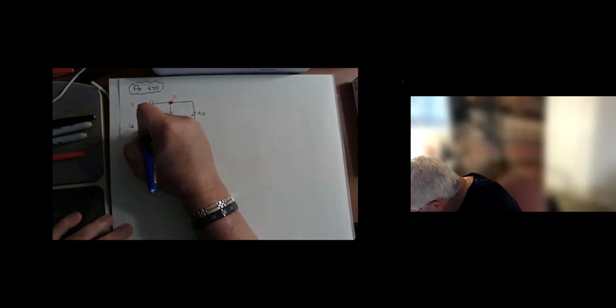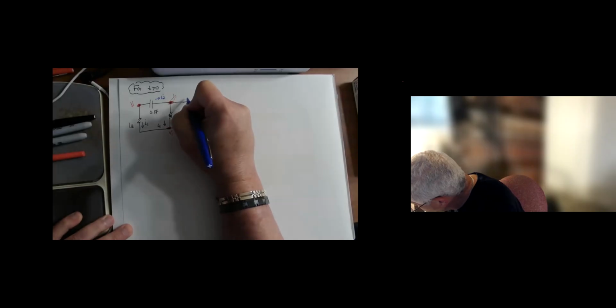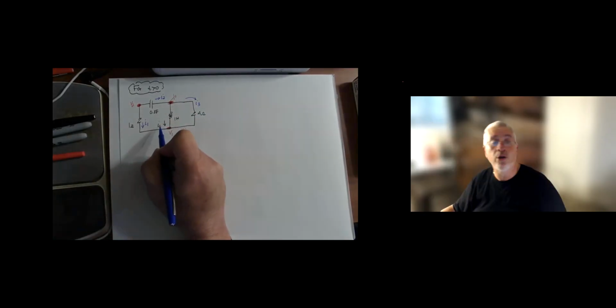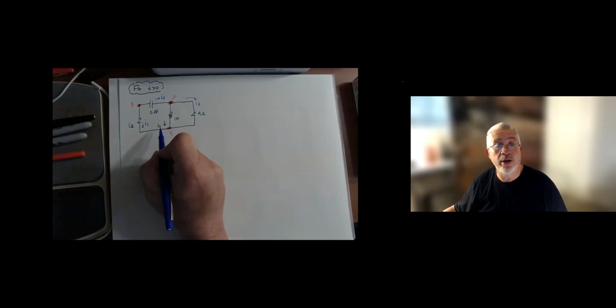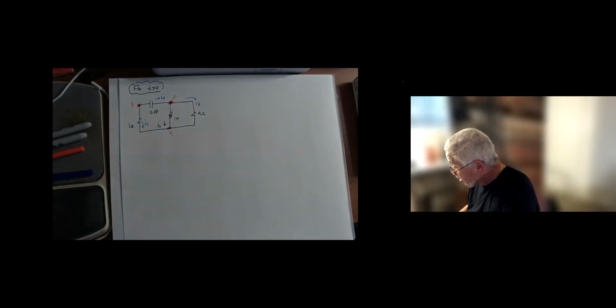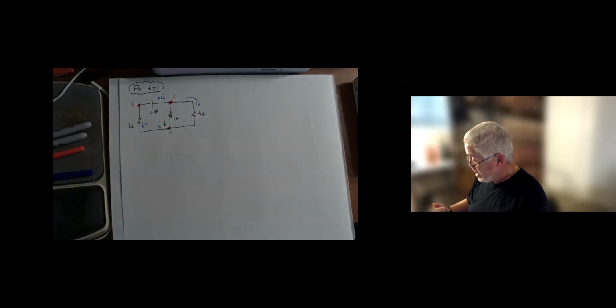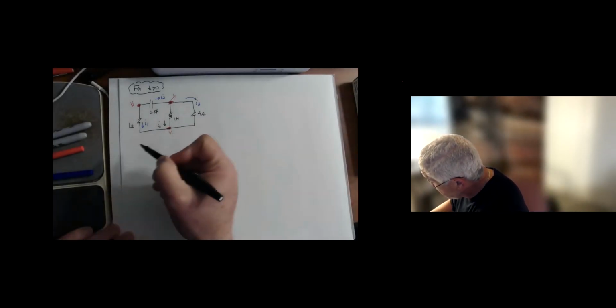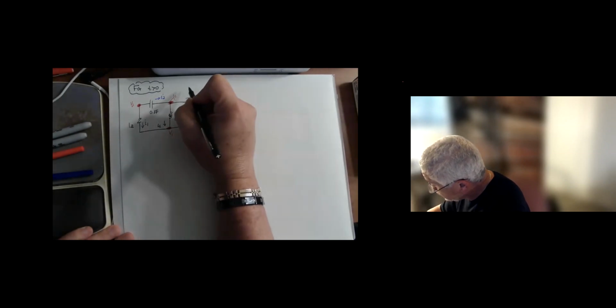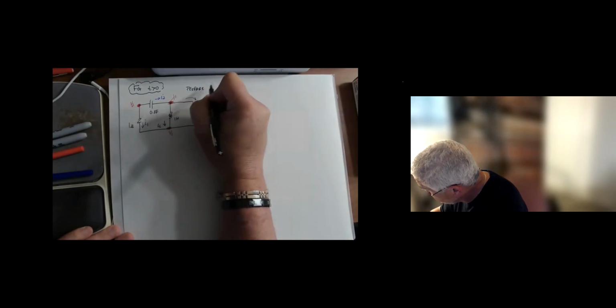So here I'm going to put I1, and I'm going to put I2, and here I'm going to put I3. I already have IL on my inductor, so I don't need to add another current on my inductor as well. So in this particular case, when we do nodal analysis, we look at a particular series of steps. So what I just did here, I've prepared the circuit for solution. This is how I prepare the circuit for solution.